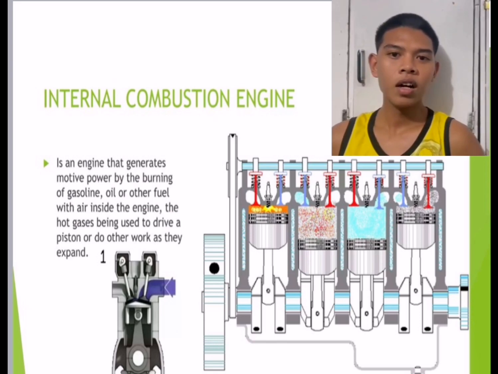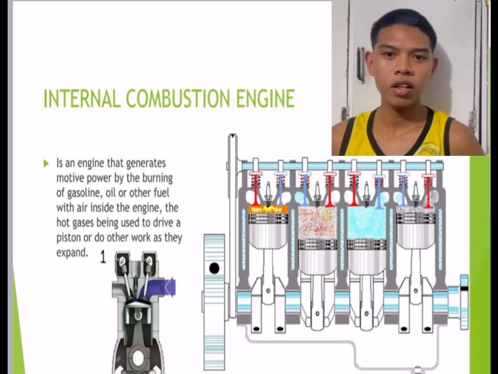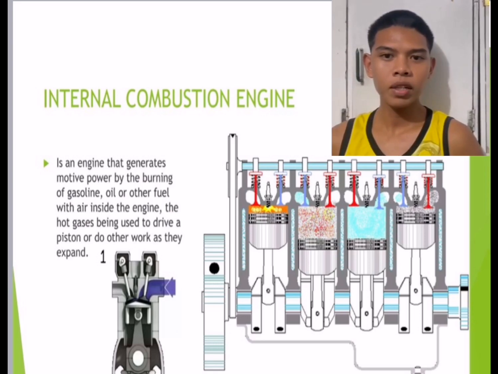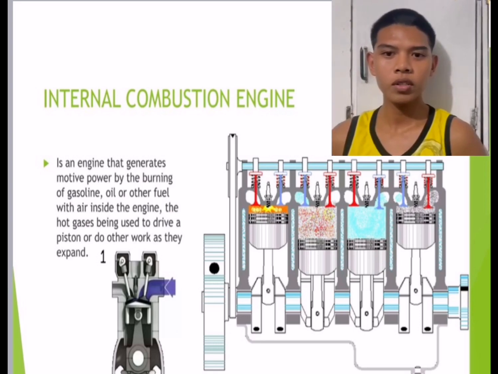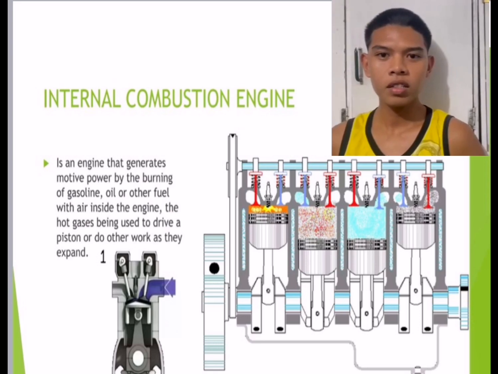So this is how it works. First is air and fuel intake. A mixture of air and fuel, typically gasoline or diesel, is drawn into a cylinder. Next is compression. The piston compresses the air-fuel mixture, making it highly combustible. Next is ignition.